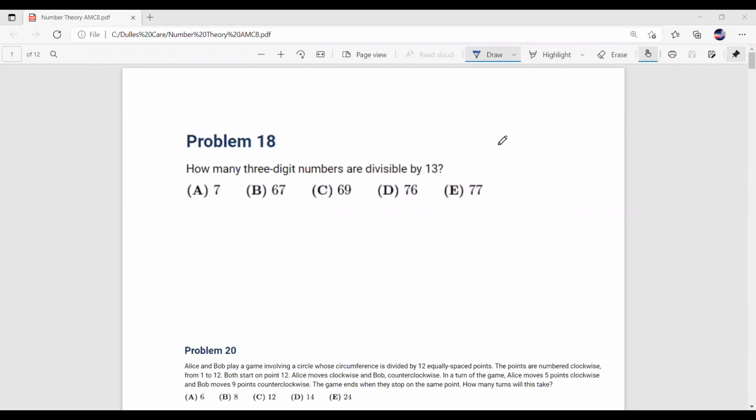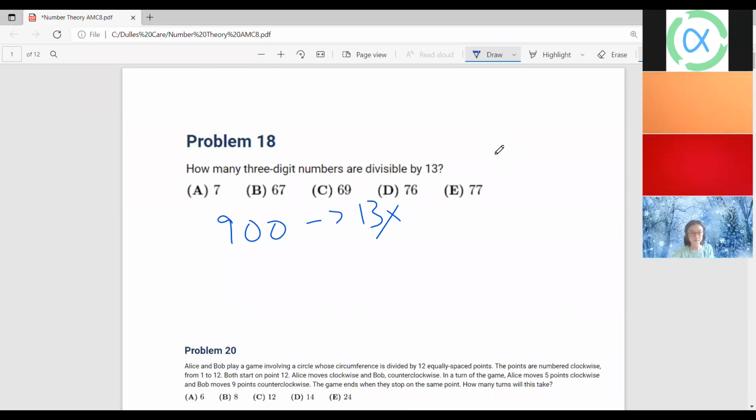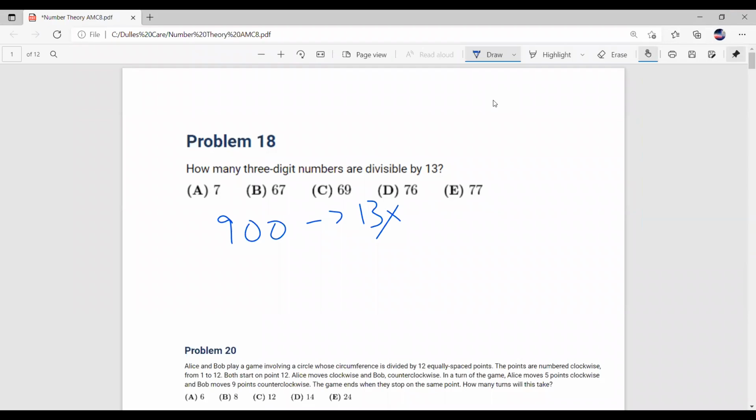Yeah, 900 3-digit numbers. So what does that mean? Out of these 900 numbers, we want to find which ones can be written in the form of 13x. Basically, how many numbers from 100 to 999 are divisible by 13?